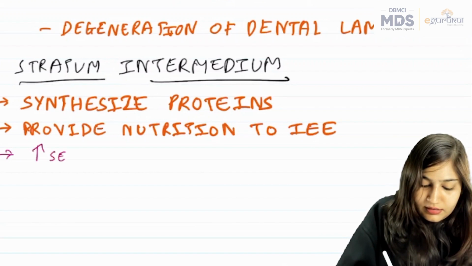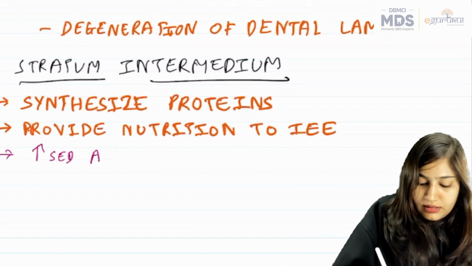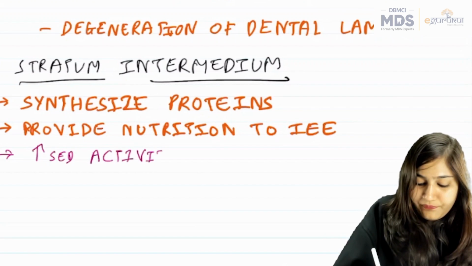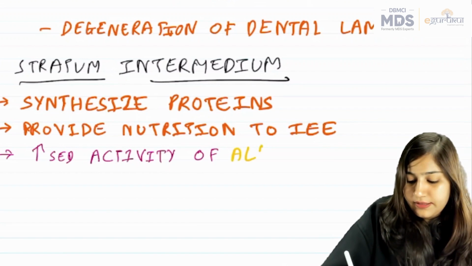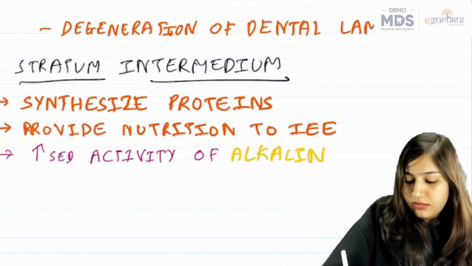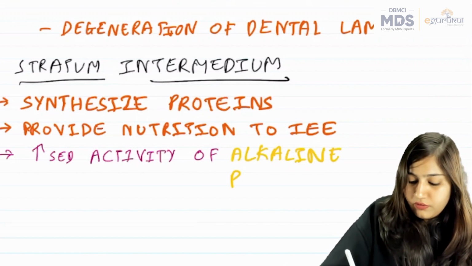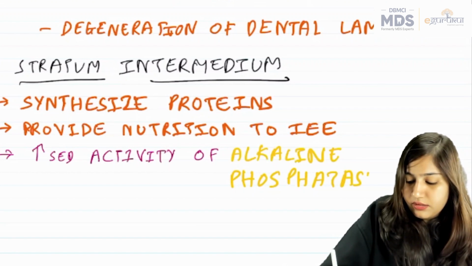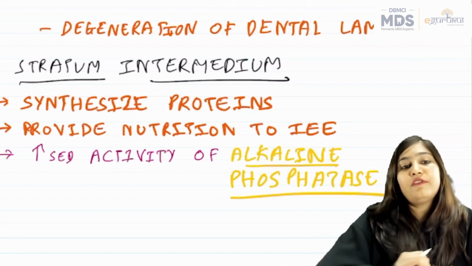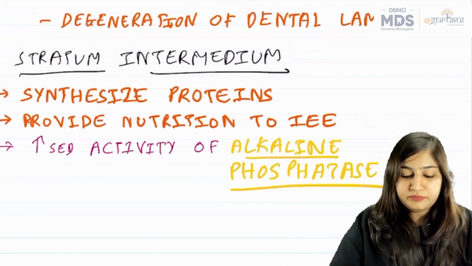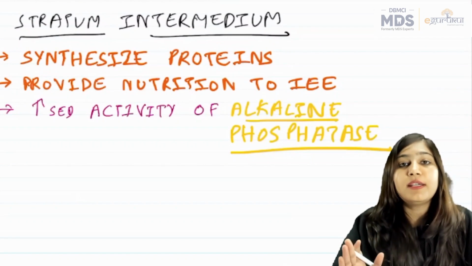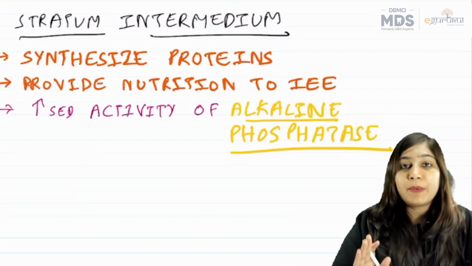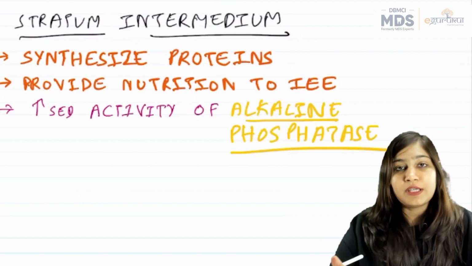So the major function is providing nourishment to the inner enamel epithelial cells, that are pre-ameloblast cells, for the formation of the enamel.